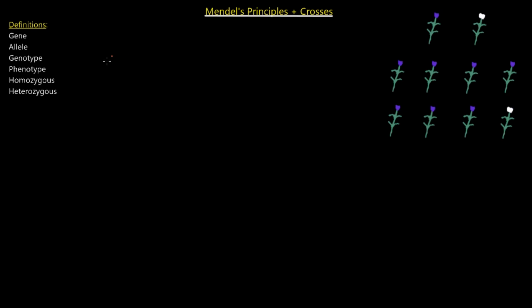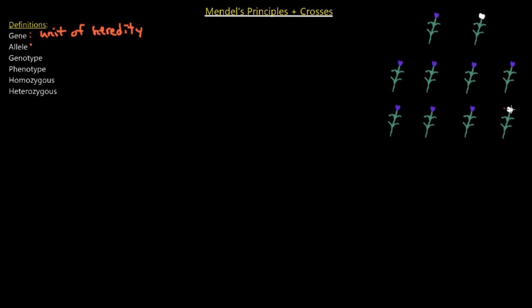So here we're going to do a little recap and have some definitions to write out so you understand what those mean. So gene is just a unit of heredity. It's just the most basic functional unit of heredity.